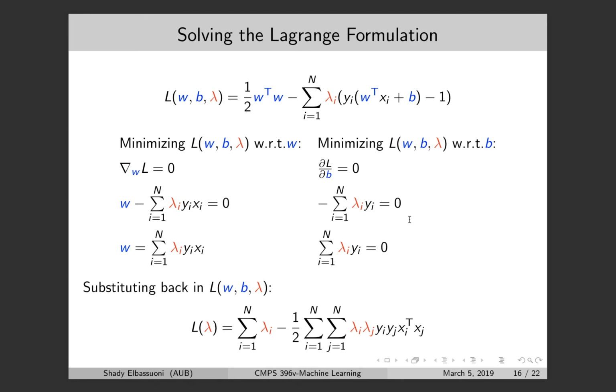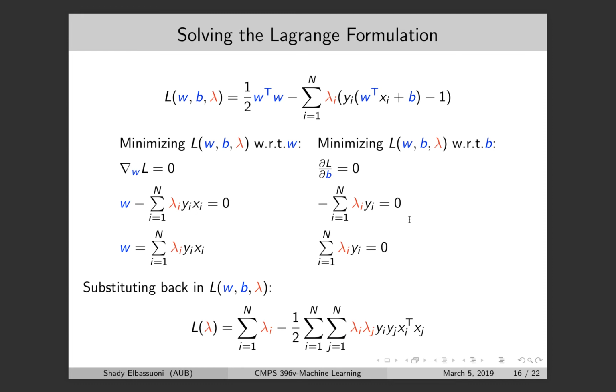So I have a double summation, lambda i, lambda j, yi, yj, xi transpose xj, with a minus, and I have half of this positive, so I get minus half double summation lambda i, lambda j, yi, yj, xi transpose xj.